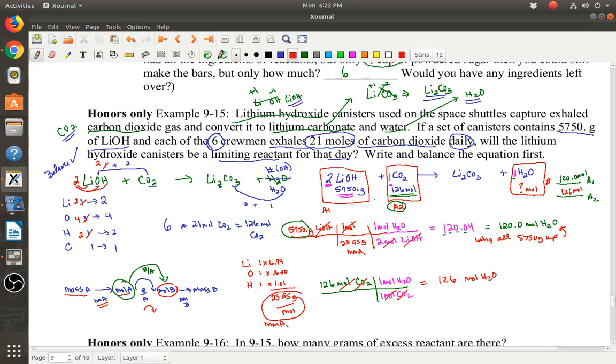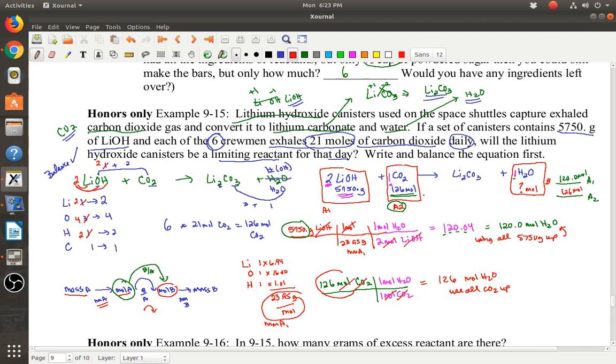I'm just basing it on if I use all of this up and I have more of the other than I need, how much water would I create? 120 moles. This one is saying if I have 126 moles of carbon dioxide and I use all CO2 up, and I have more lithium hydroxide than I need, I would create 126 moles.